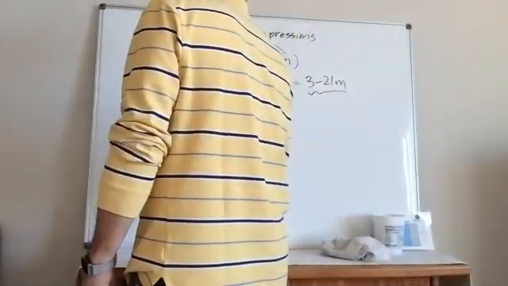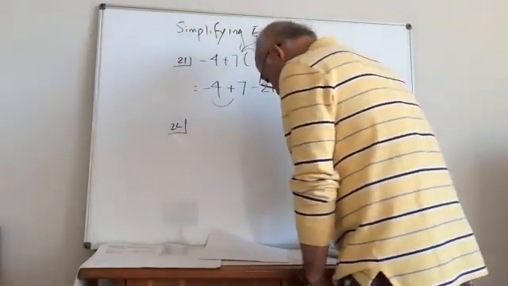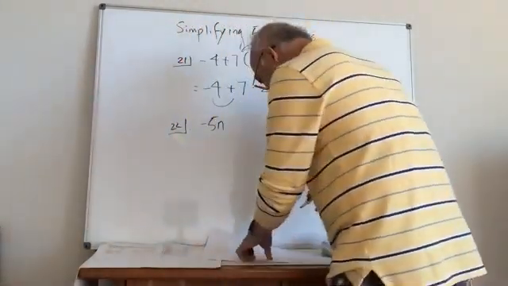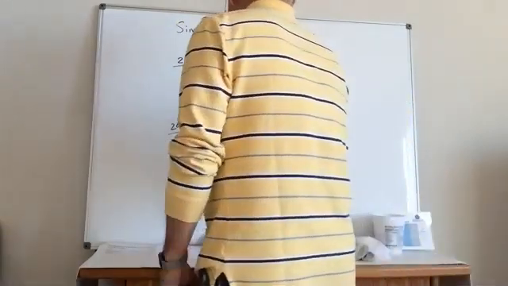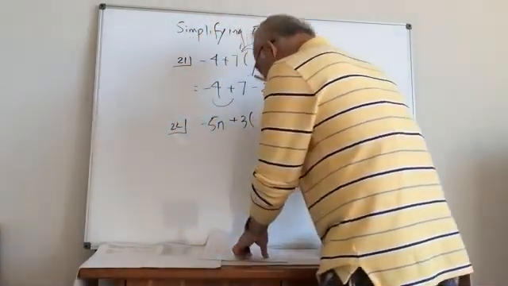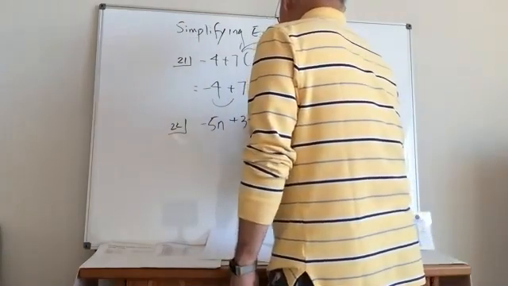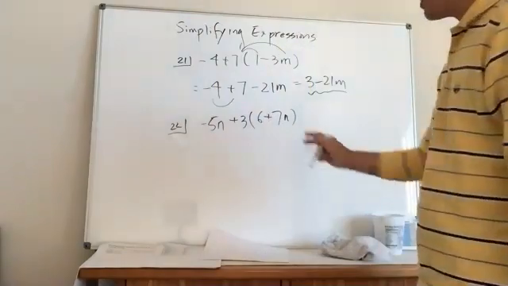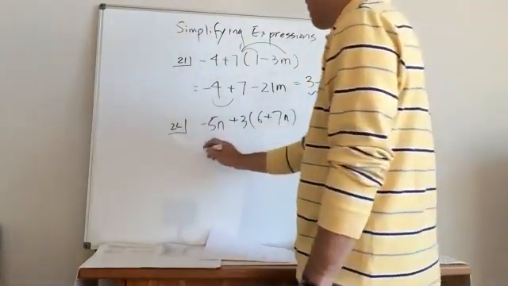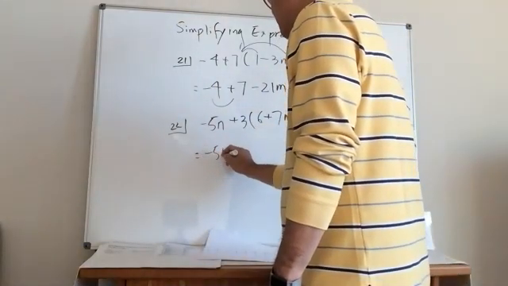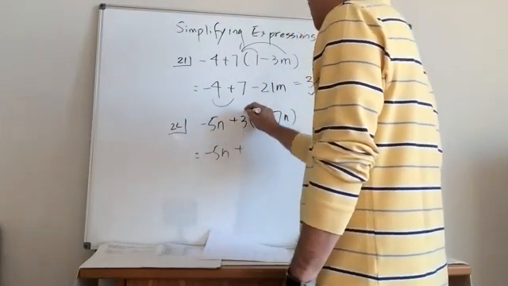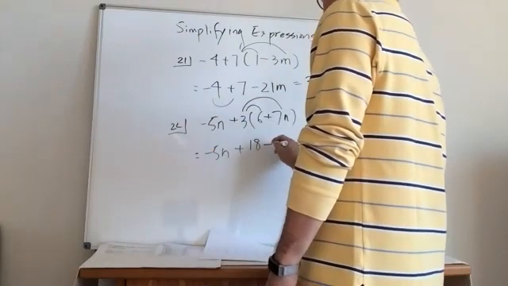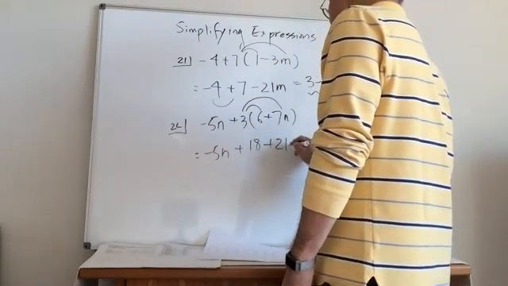22, -5n plus 3 times 6 plus 7n. Again, I have to do the parentheses out first. So I'm going to carry the -5n down, plus 3 times 6 is 18. 3 times 7n is 21n.